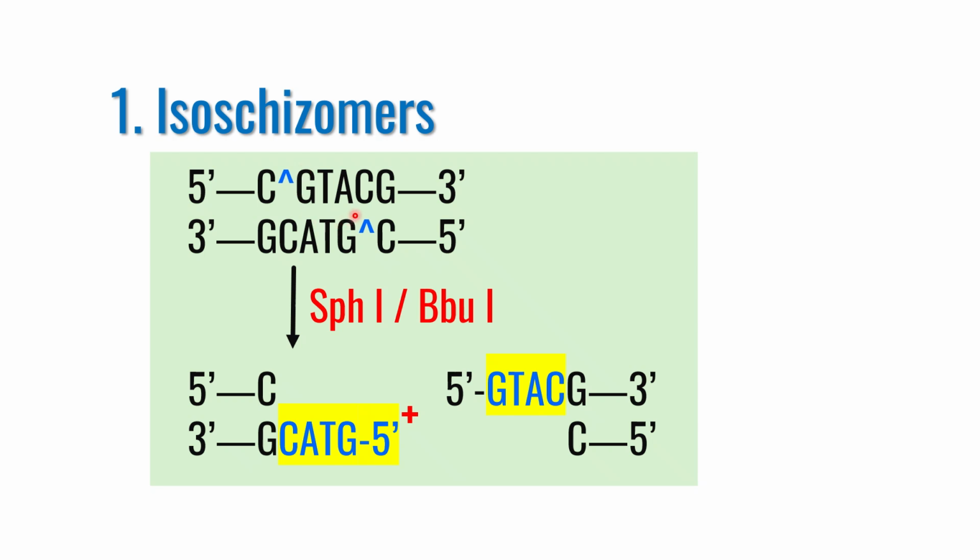The two different points are they are from different sources and they function in different conditions. Examples are SphI and BbuI. The similarity is they recognize the same restriction site which is given here, and the other similarity is they produce the same cutting pattern producing staggered end pattern.